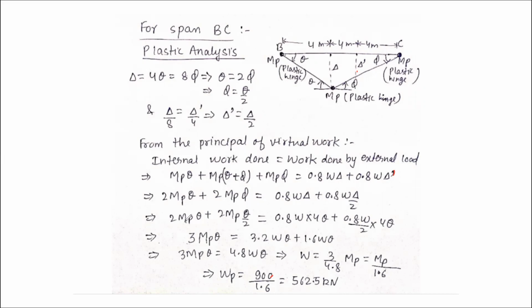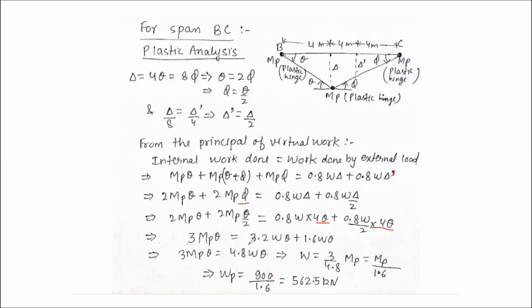To make it short, lagay lang tayo dito ng value na ito. So 2 MP theta plus 2 MP theta over 2 is equal to 0.8 W multiplied by 4 theta plus 0.8 over 2 W multiplied by 4 theta.